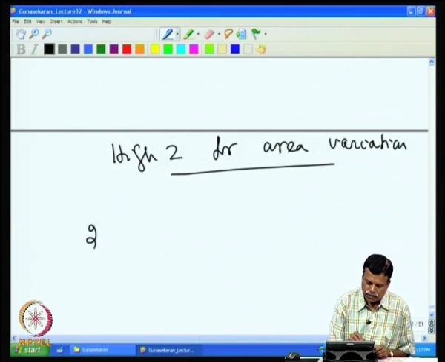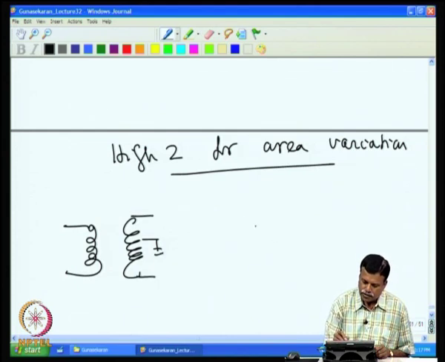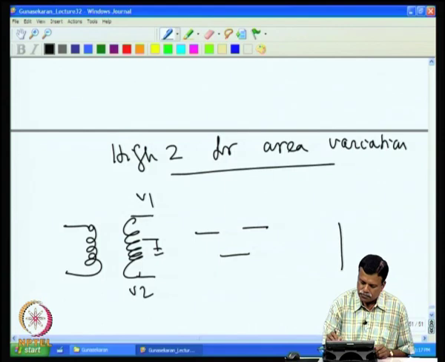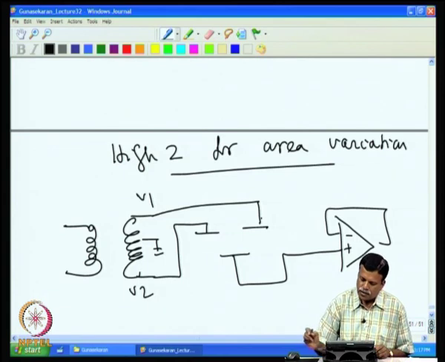Here actually we will have the source, we can have two voltages V1, V2, and again we will have our guarding technique.